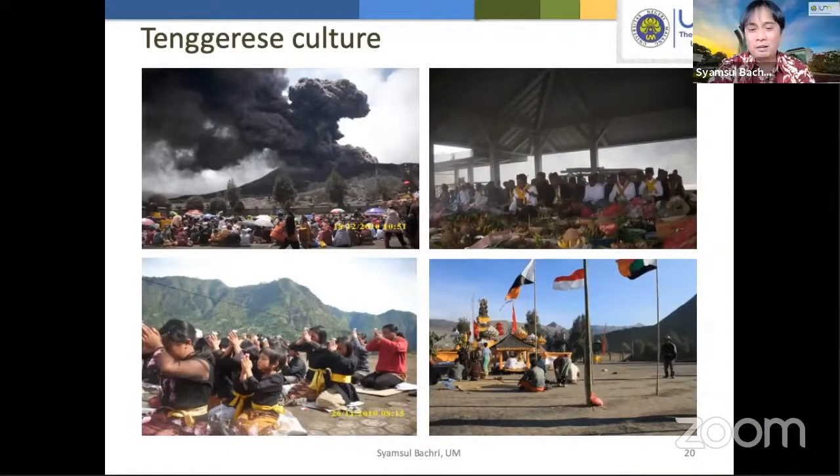A lot of tourists come to Bromo to see this. This is me. At that time I was not only a visitor, but also on the committee. I helped them prepare this Kasada ceremony because I stayed there.